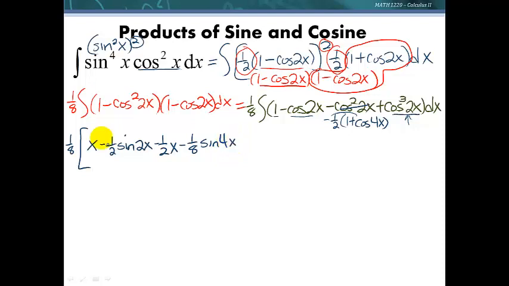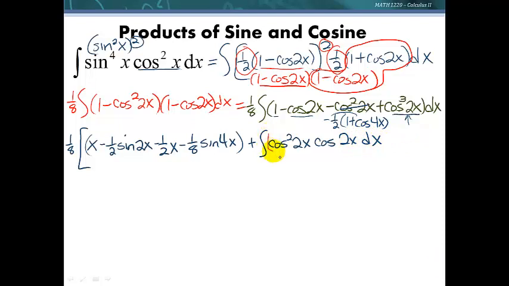Alright, so we have this much, and then we still have plus the integral, and we're going to take this cosine cubed and we're going to split off one of those. So cosine squared 2x times cosine 2x dx.